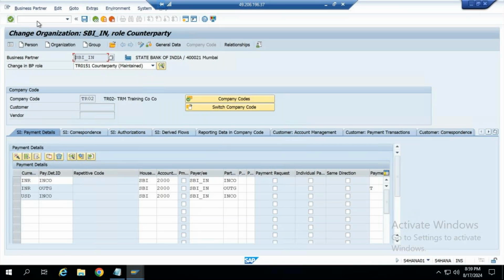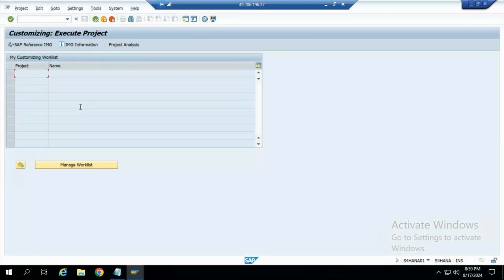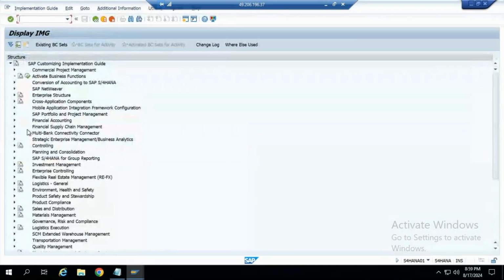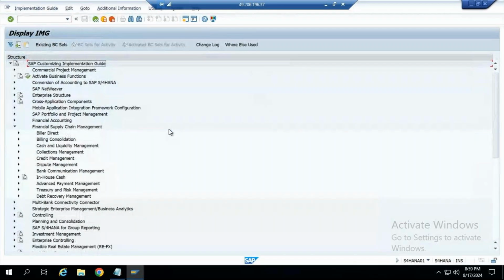So let's talk about the system perspective. Let's go to the SPRO transaction. Here you see the financial area. The entire Treasury solution sits under SAP FSCM, which is a very big one.